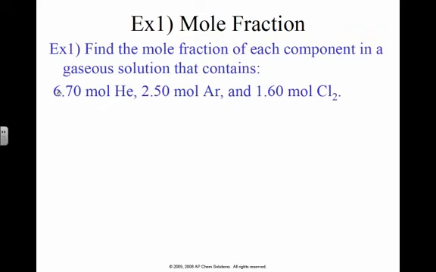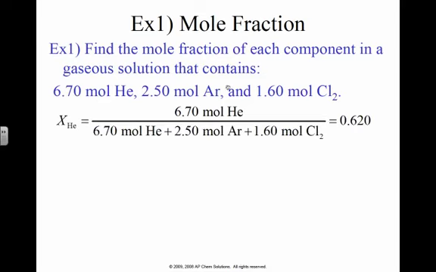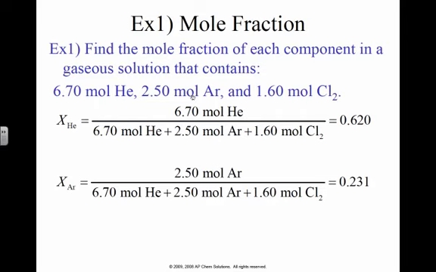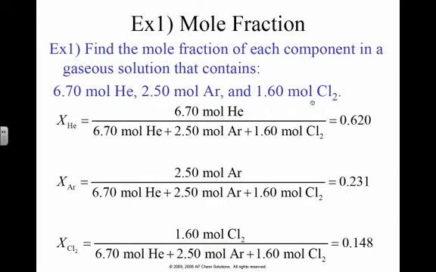Then you take this one, divide it by the total, and that's its mole fraction, 0.620, which is 62%. For argon, it's 2.5 divided by the total, or 0.231, 23.1%, and 1.60 moles for chlorine divided by the total, 0.148. Obviously, these should add up to 1.